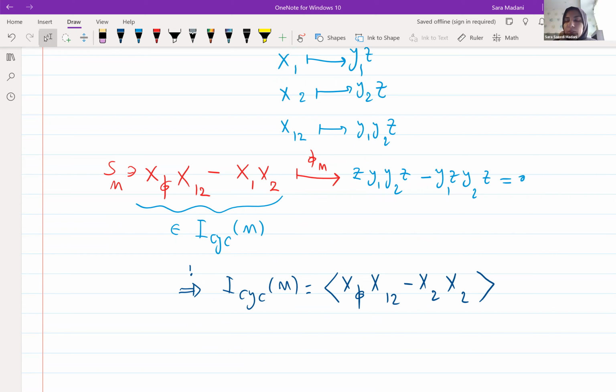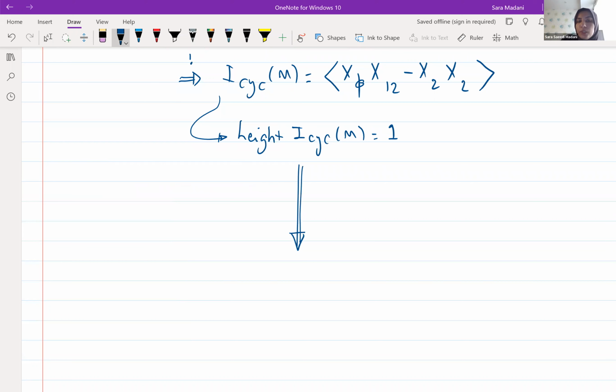Okay, when we have this algebra and this ideal, we may ask about the height of this ideal or the Krull dimension of the algebra. Since this is a prime ideal, which is also principal, you can easily understand that the height of this ideal in this example is just 1. And then you can also easily compute the Krull dimension of the cycle polytope algebra in this example, because this algebra was isomorphic to the quotient of S_M over the cycle ideal.